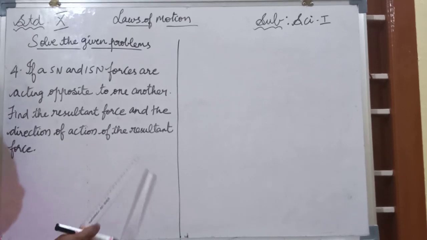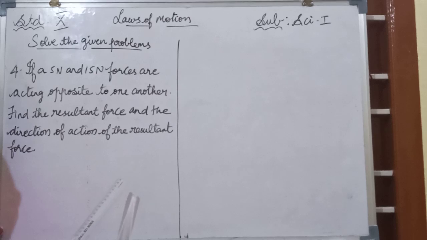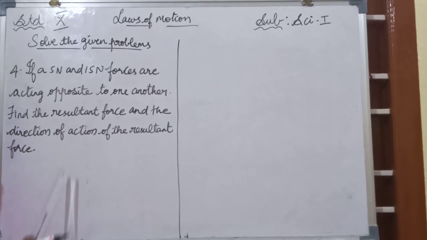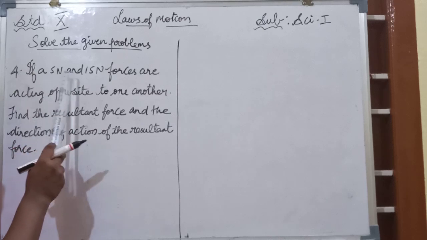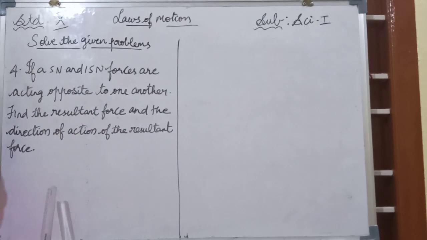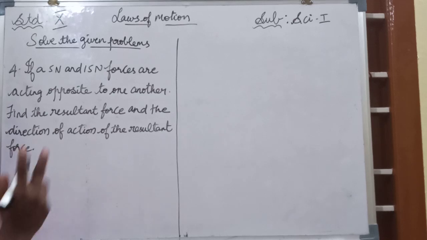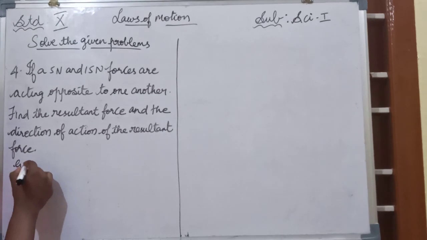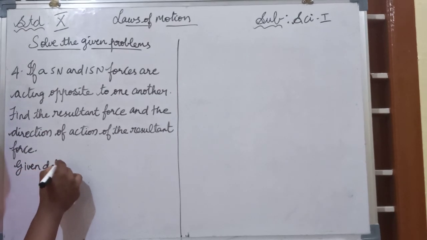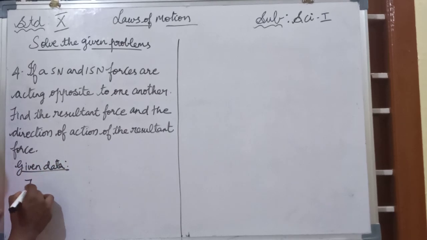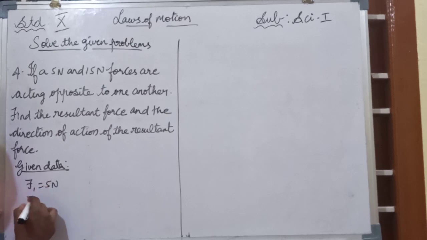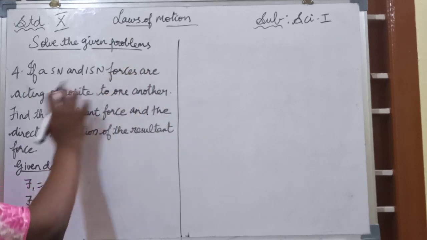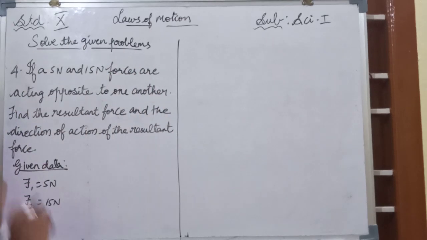So I taught you this topic. I hope you all remember this resultant force. Now, if you look at the question, if a 5 N and 15 N forces, here they are talking about two forces. So let's write the given data. F1 is equal to 5 N and F2 is equal to 15 N, acting opposite to one another.